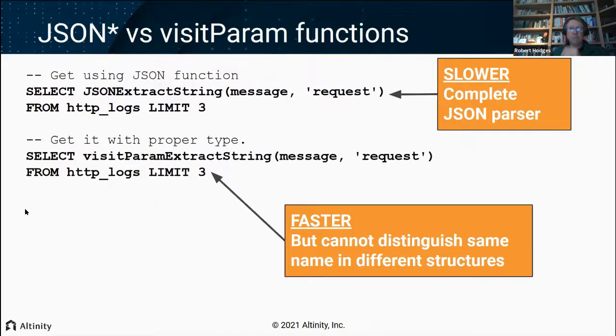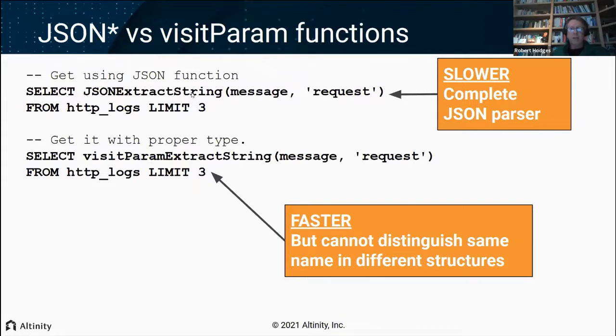But before we do that, and we're going to solve both those problems, I want to point out that for these JSON extract functions, there's actually two families of functions that you can use to extract JSON. One's called the JSON Extract family, and there's at least 24 calls.